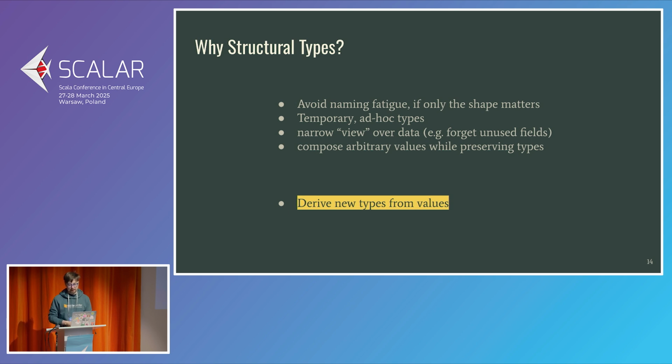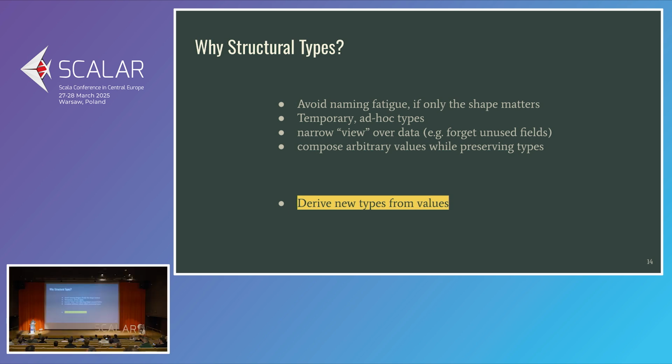And the most convenient thing with them is that if you have two structural values, then you can usually compose them and keep the fields of both while preserving type safety. And the fun thing is when you use type level computation to take a value, like a schema value, and then derive a type from that, which then can be used to validate further expressions at compile time.